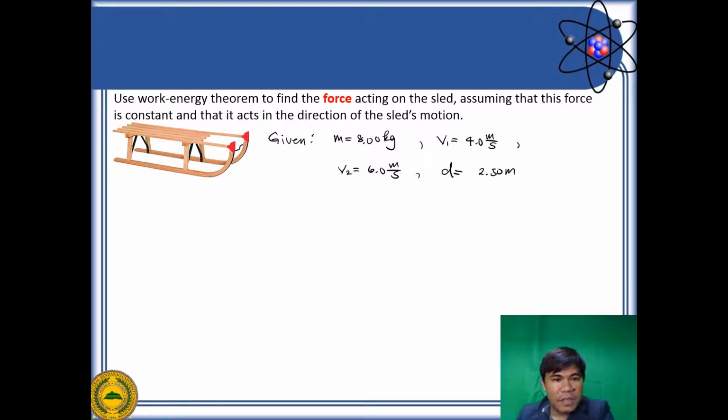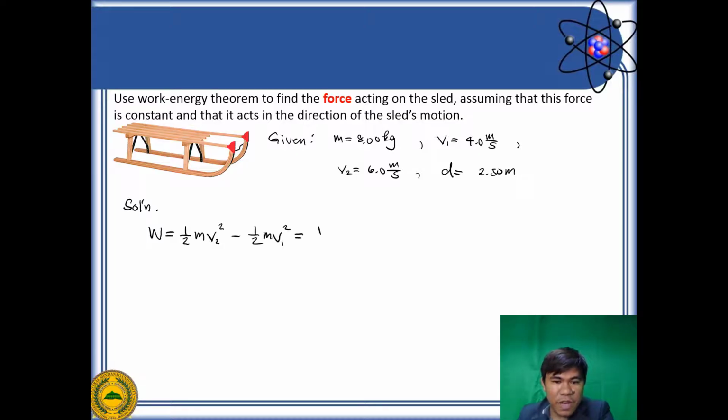Now, since we are asked to solve for the force and we should use the work energy theorem, we start with the work energy theorem equation, which is 1/2 m v final squared minus 1/2 m v1 squared.